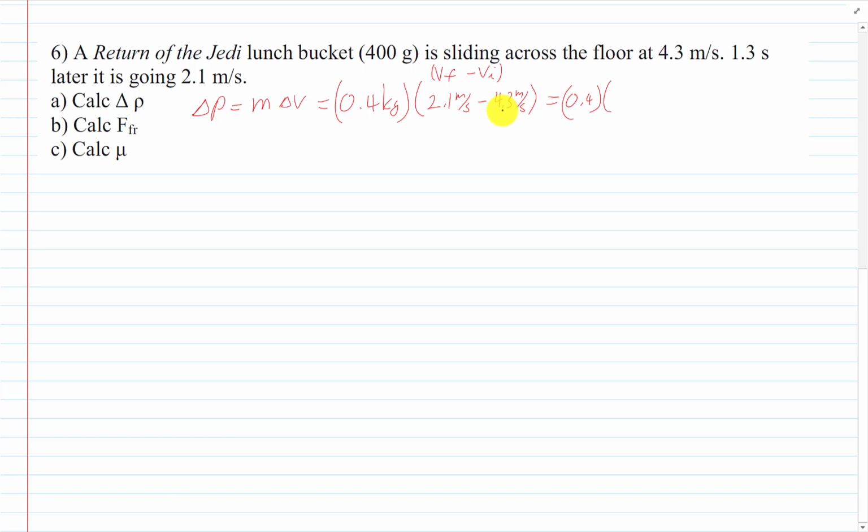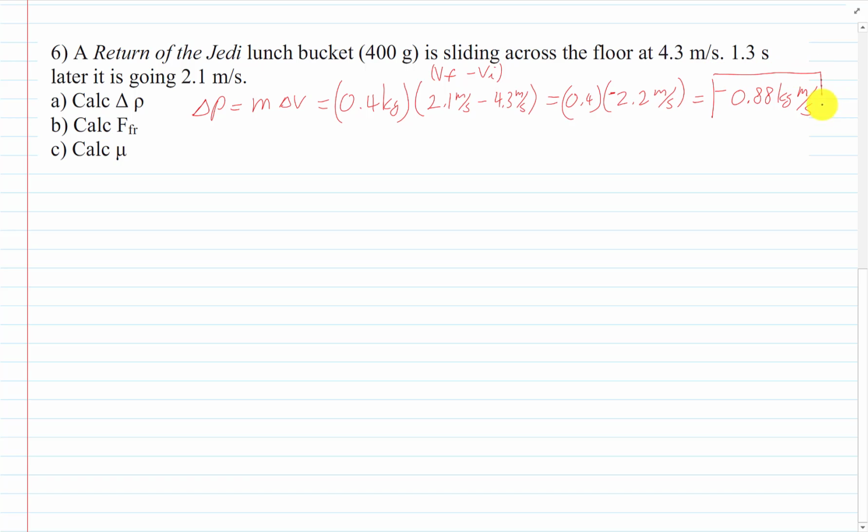And 2.1 subtract 4.3 is negative 2.2 meters per second. This is going to be negative, as the change in momentum will be decreasing as the velocity decreases. And this will be a negative 0.88 kilograms meters per second.